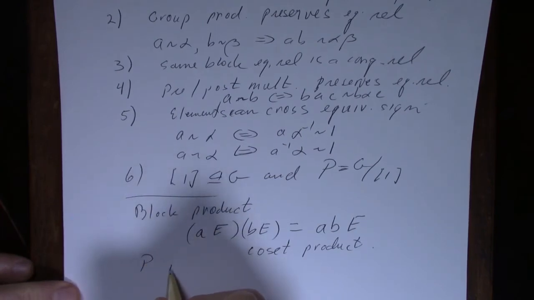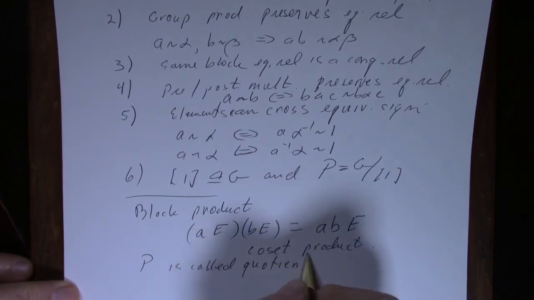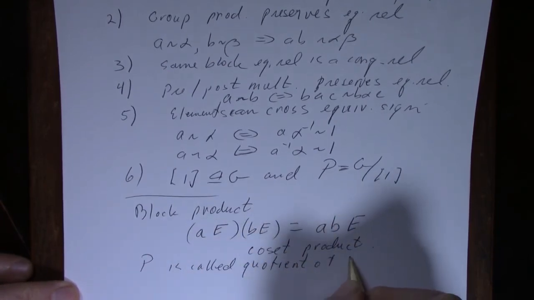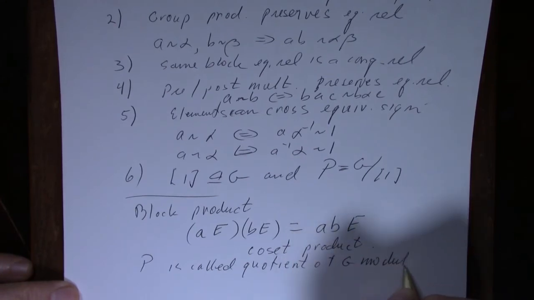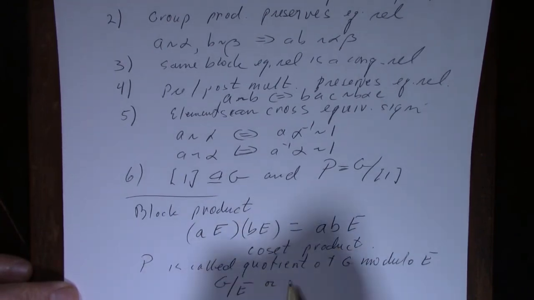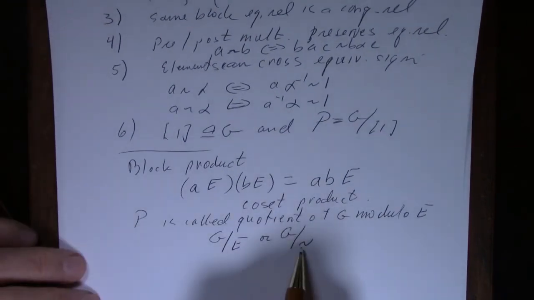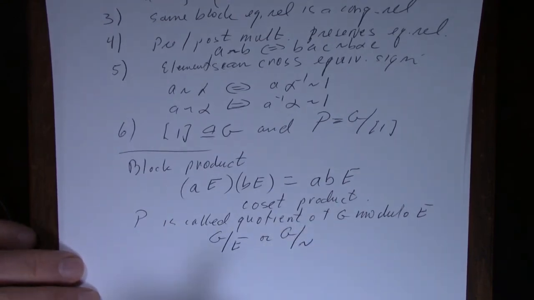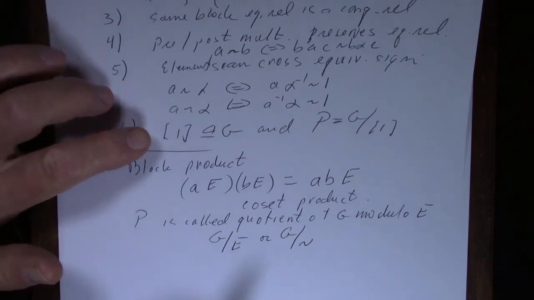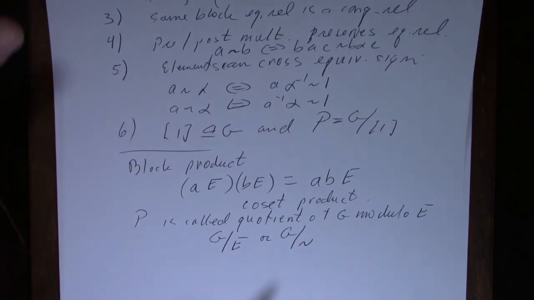P, as I said before, is called the quotient group. It's the quotient of G modulo E, denoted this way. Or actually this way, where this is the same block equivalence relation, or same block congruence relation now. And by the way, the equivalence classes are now called congruence classes.